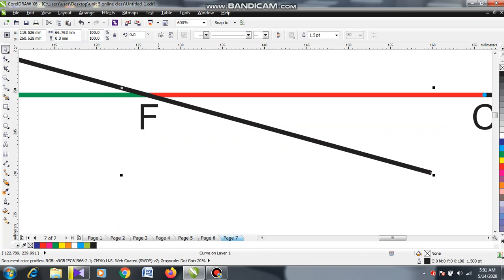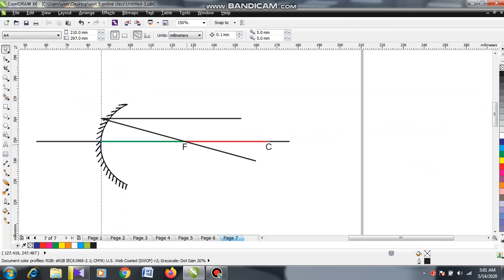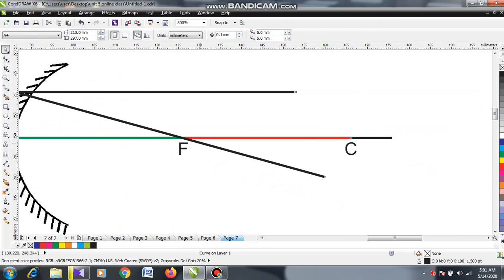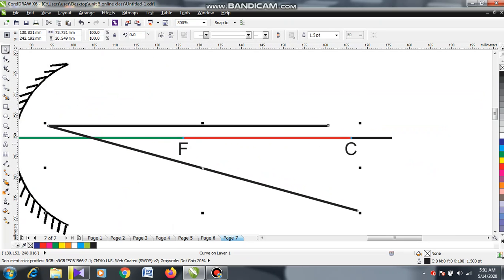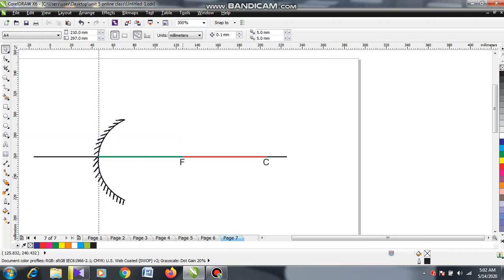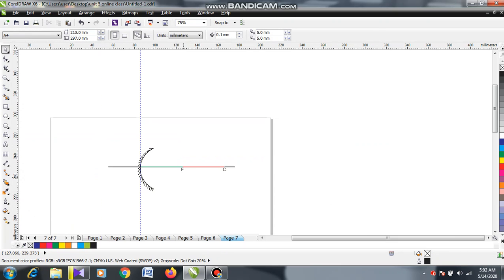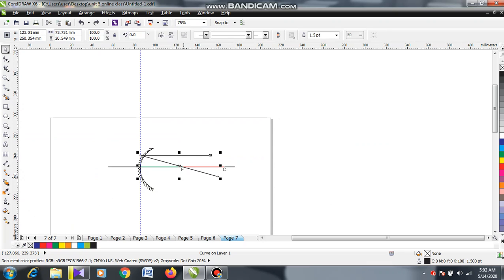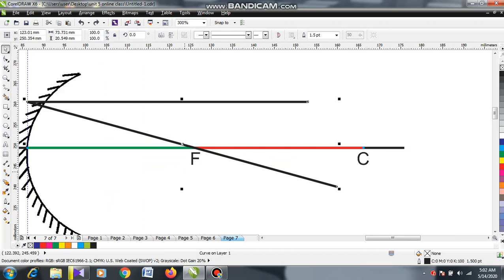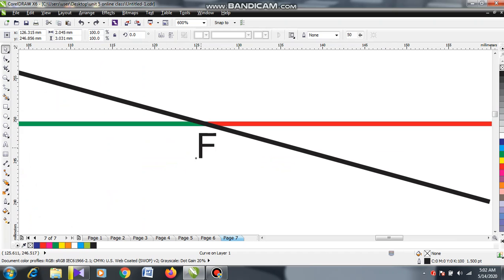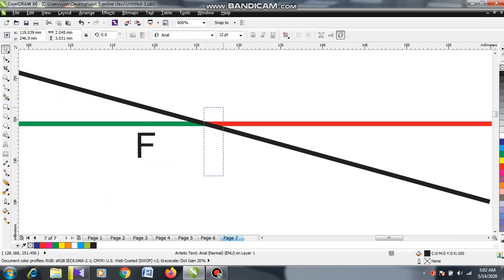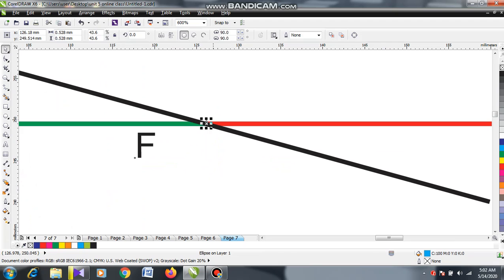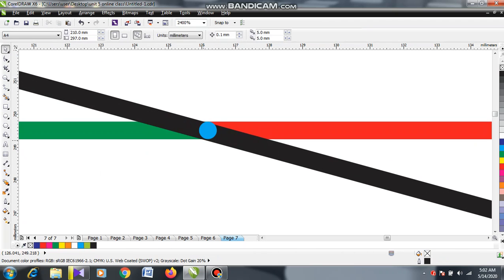You have to be very careful about the exactness. Don't make the focal point very large. You have to make the focal point the size of the line, as I am doing.